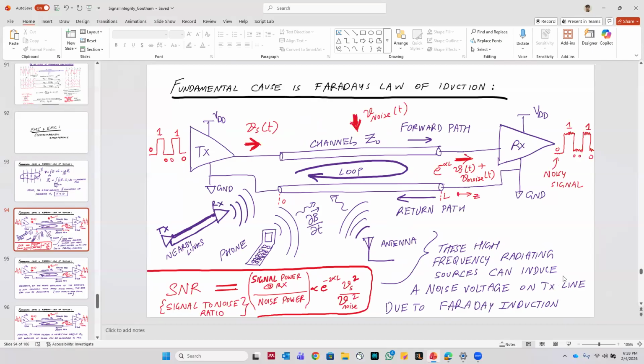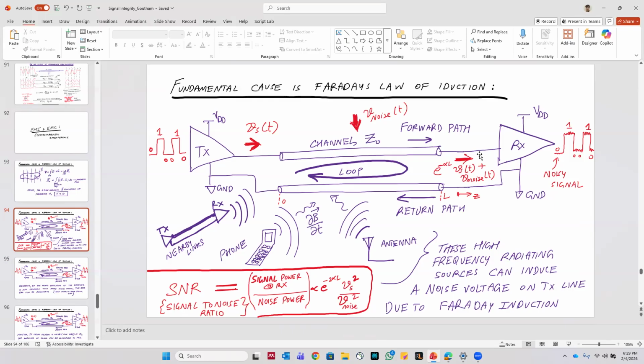Generally, when you have any link, if you keep any high frequency source nearby, the link is going to start picking up that high frequency source and add it as noise to the signal that's already traveling across the link. And because the signal is getting degraded as it travels through the channel because of attenuation, if that noise amplitude is comparable to the signal strength, then your noise and signal are jumbled together, and you cannot distinguish one from the other, right?